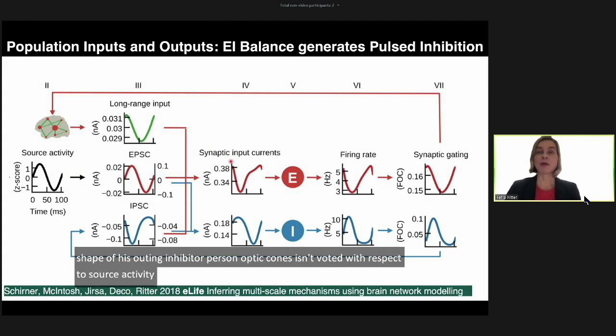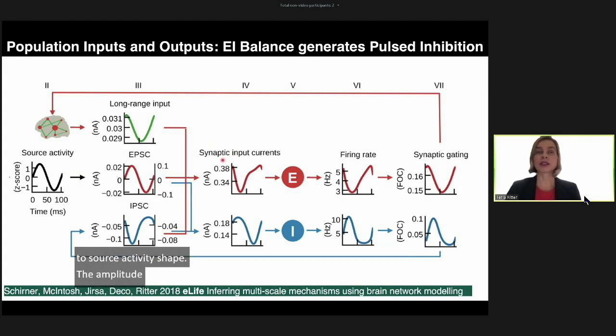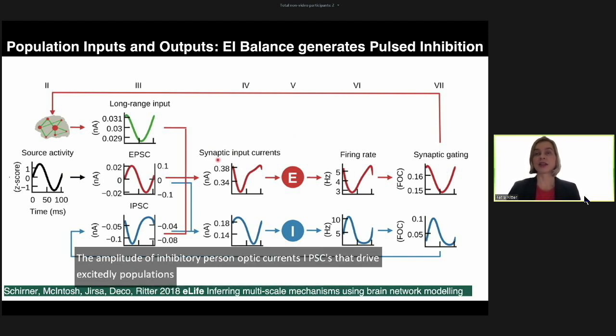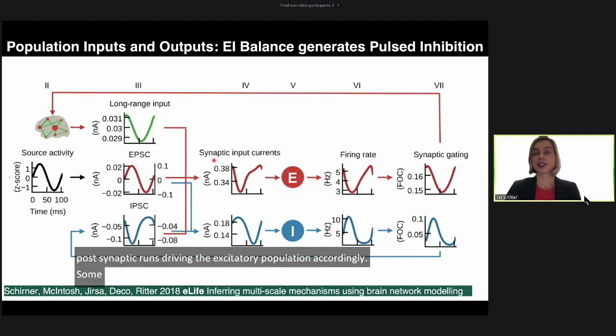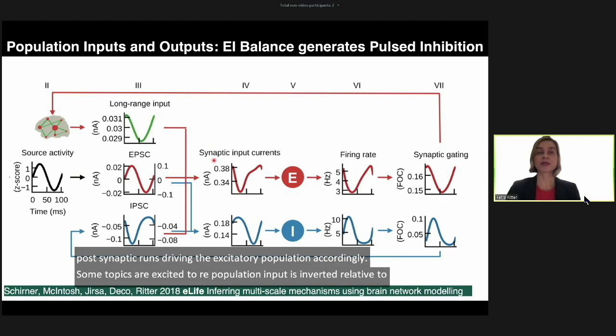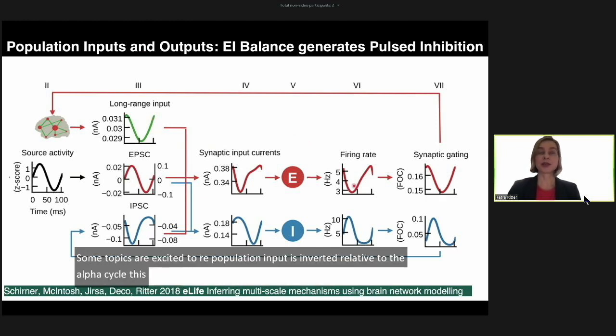The amplitude of inhibitory postsynaptic currents, IPSCs, that drive excitatory populations is several times larger than that of the excitatory postsynaptic currents driving the inhibitory population. Accordingly, summed up excitatory population input is inverted relative to the alpha cycle. This results in rhythmic inhibition of the firing rates near the peak of the alpha cycle.